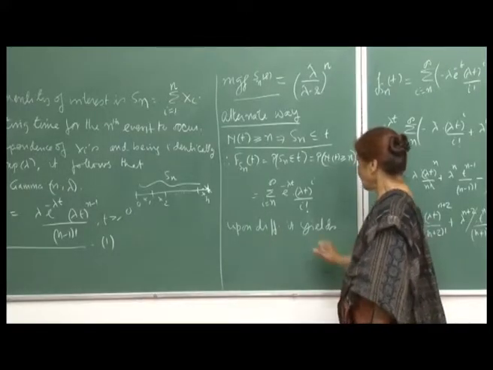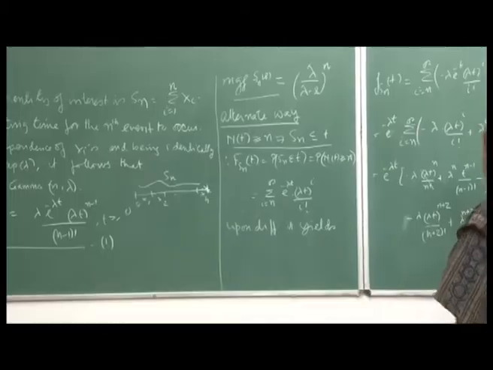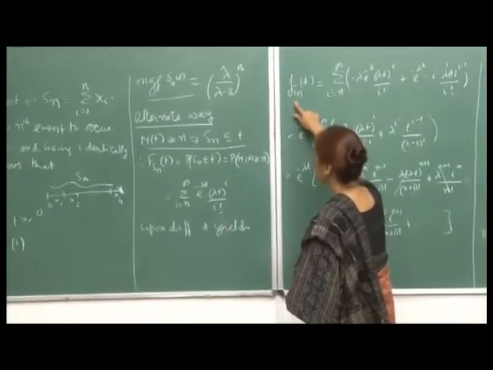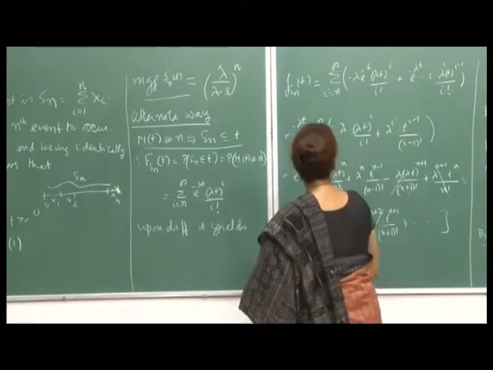Now, let us differentiate this equation on both sides, and so on the left hand side this will be the PDF of S n, and now here let us do it term by term.